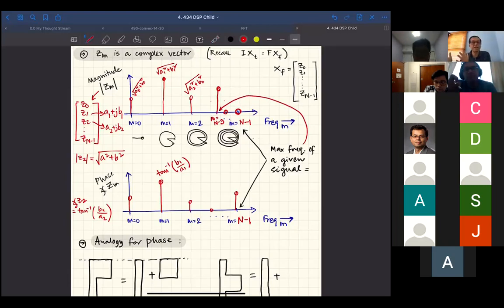And m equals n-2 is 0, m equals n-1 is 0. Then you would say that the signal has max frequency at m equals n-3. Right? So the max frequency that a signal has is called the bandwidth of that signal.